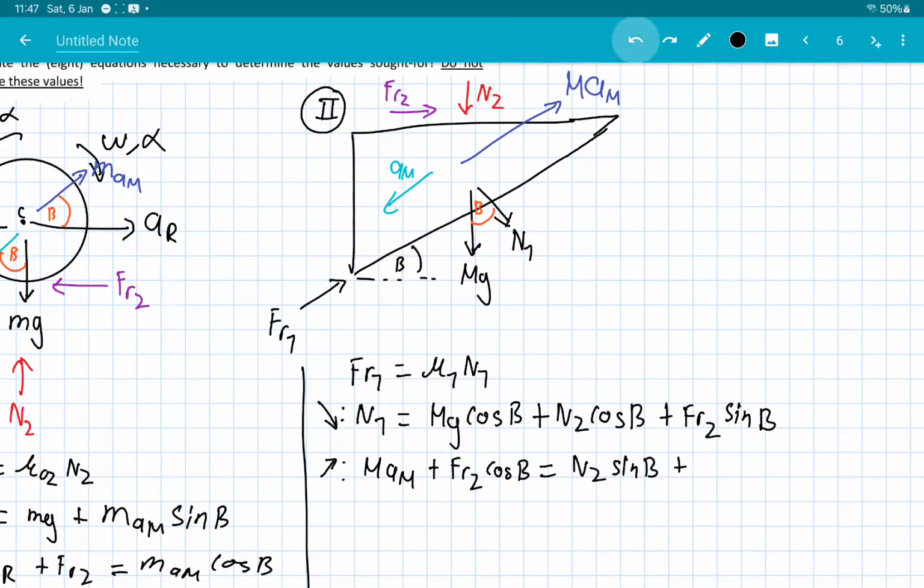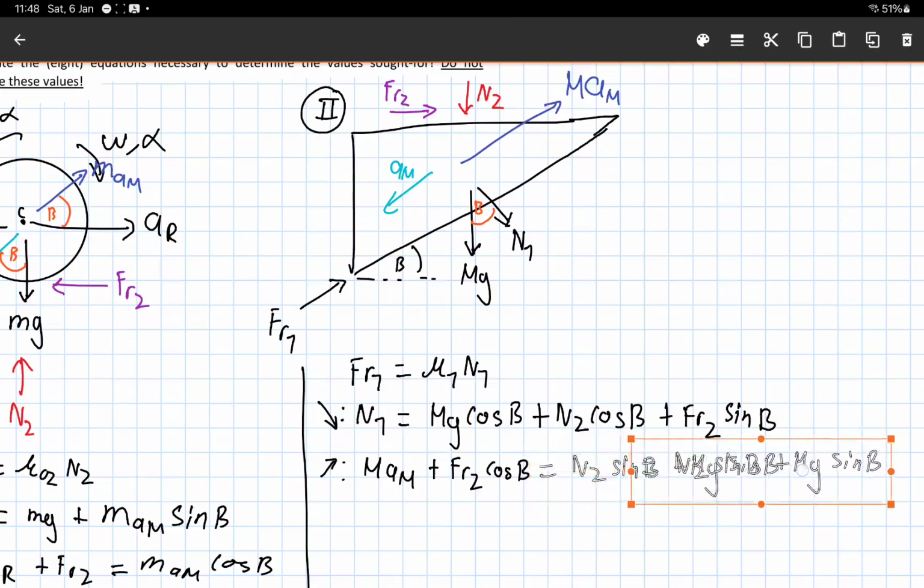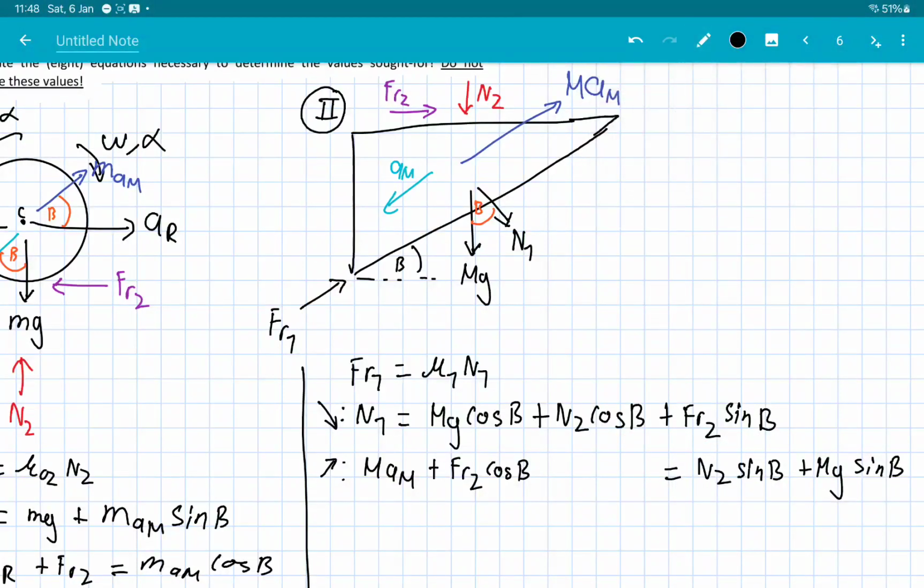No, N1 is not in that, it's in the opposite direction, wrong direction. Plus mg in the sine direction. Yeah. And I forgot one more, which was to put in FR1.